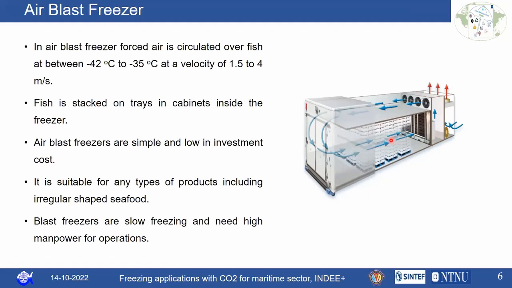This type of freezer is simple with a low investment, and it is suitable for any type of fish. You can have irregular shaped products in these freezers. But the disadvantage is that blast freezers are very slow in freezing, and they need more manpower to load the trays and push them inside the freezer.